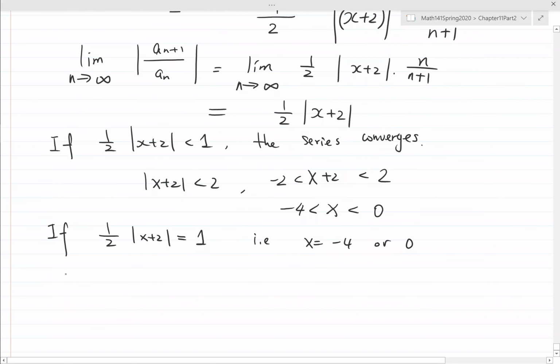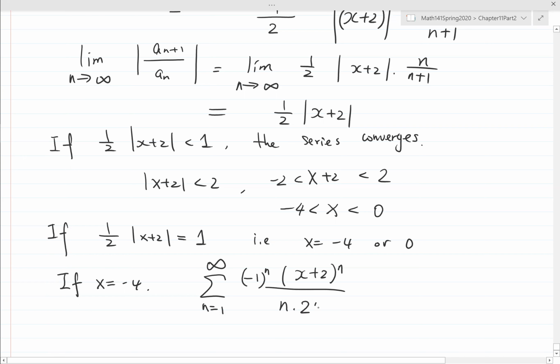If x is negative 4, then you check what happens for the series: the sum from n equals 1 to infinity of negative 1 to the power n, x plus 2 to the power n over n times 2 to the power n. Now x is negative 4, so you get negative 1 to the power n times negative 2 to the power n.